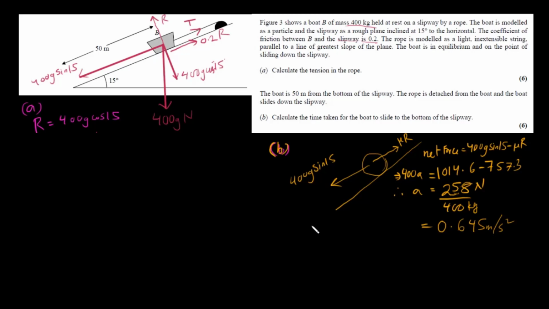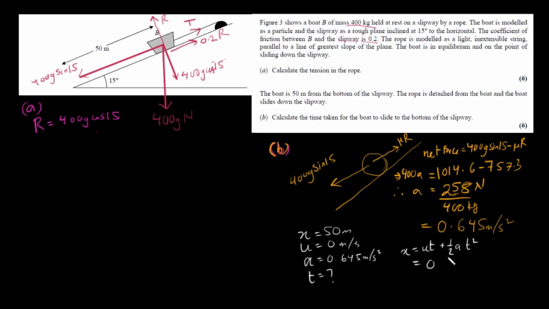We know that the object starts from rest and travels a distance of 50 meters, so the initial velocity is 0. We know that it is accelerating at a rate of 0.645 meters per second squared. The only thing that we need to find is the time taken. So we can use x equals ut plus half at squared.